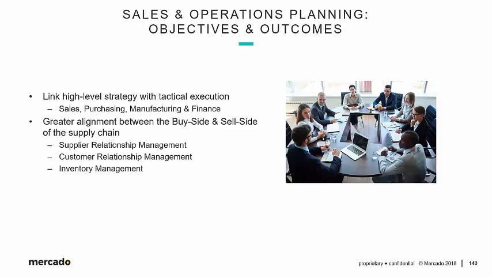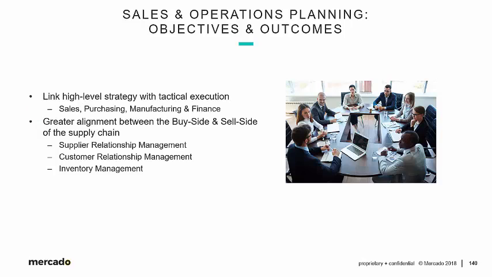Sales and operations planning always reminds us of what our high-level strategies are and how we are effectively, or perhaps not so effectively, executing on those strategies. In the end, to state the goal a little bit differently, we're looking for greater alignment between the buy side and the sell side of the supply chain, aligning supply with demand.